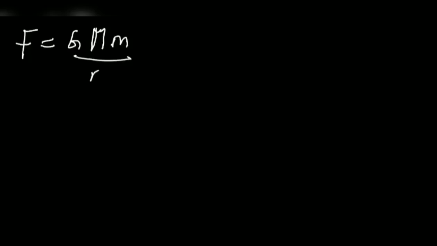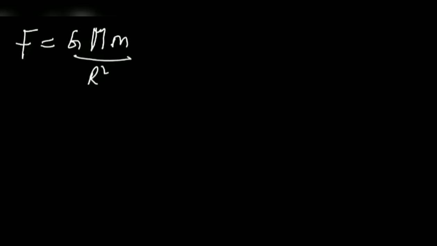We all know from Newton's law of universal gravitation that the force of attraction is equal to G, considering two masses here, let capital M be the mass of the earth and small m be the mass of the body, all over r squared.